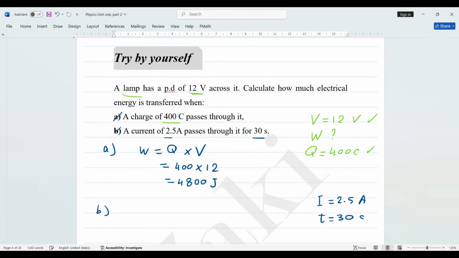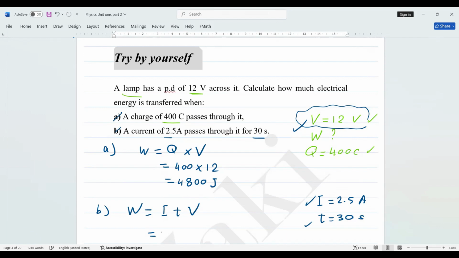Already, we have at the beginning, the voltage is 12. Then we have V, and we have the current, and also we have the time. Then we use the formula, the energy equals I times T times V. We do substitution.